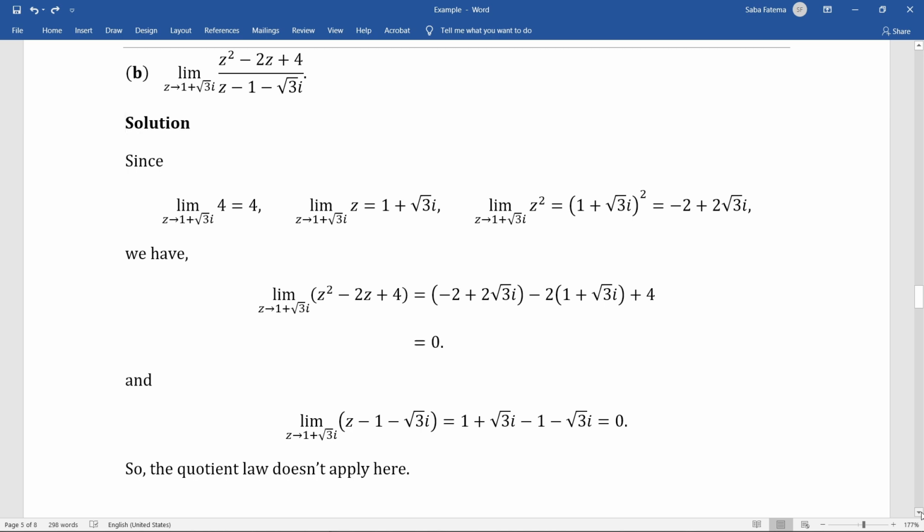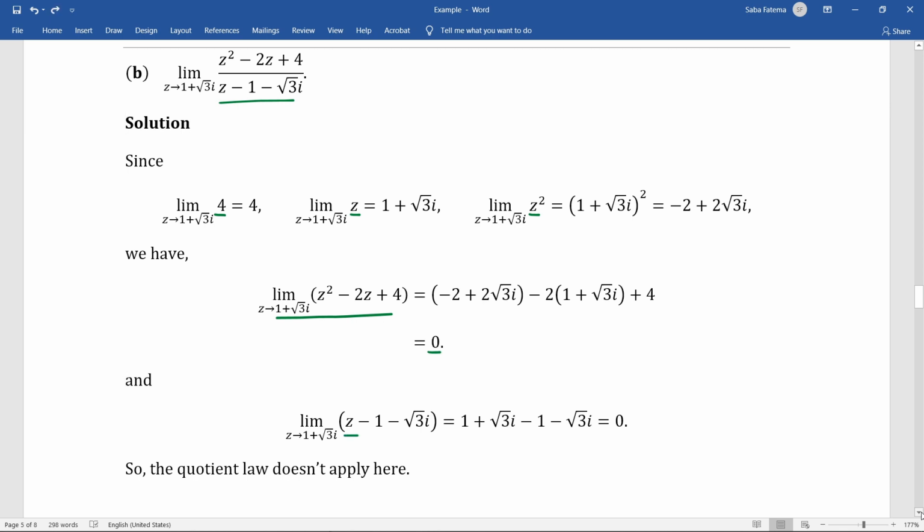In problem B, f of z is again in rational form. So we will find the limit of each and every term separately. Here 4 is a constant, so after applying the limit, it will remain the same. And combining all the limiting values, we get the limit of the numerator is 0.